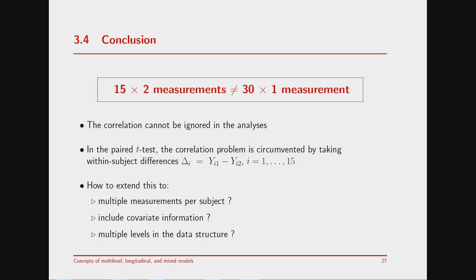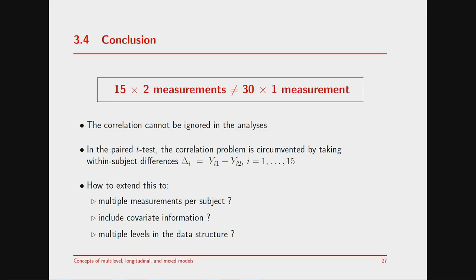And different subjects are independent of each other, so there is no correlation anymore. So by just taking differences within the subjects, you avoid having to deal with the correlation. Because all which is left is 15 changes belonging to 15 independent subjects. So there is no correlation anymore.